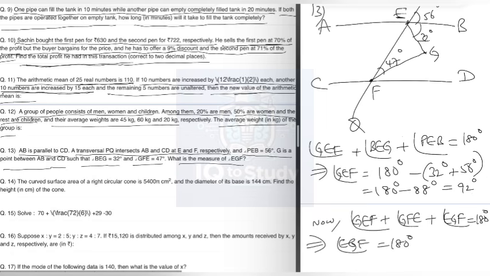Now angle GEF plus angle GFE plus angle EGF is 180 degrees, which means angle EGF is equal to 180 degrees minus 92 degrees minus 47 degrees, that is equal to 180 degrees minus 139 degrees, which is equal to 41 degrees.